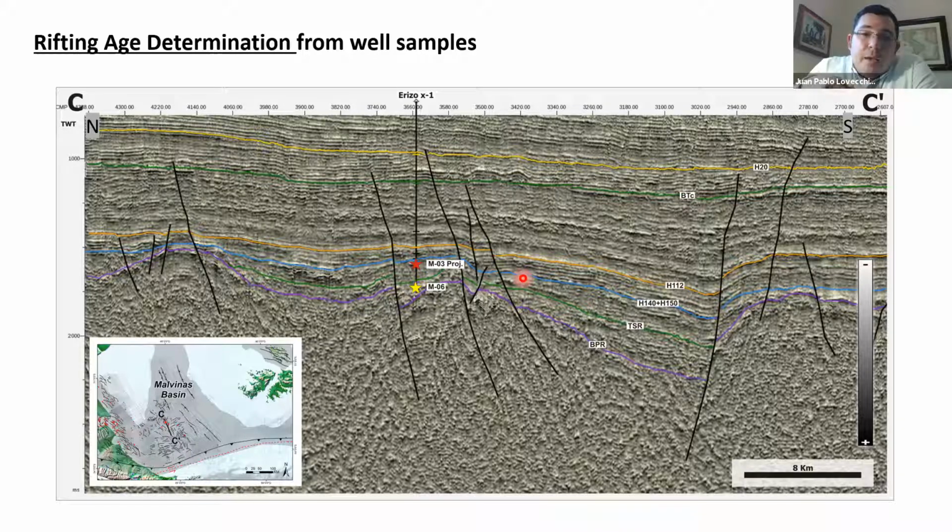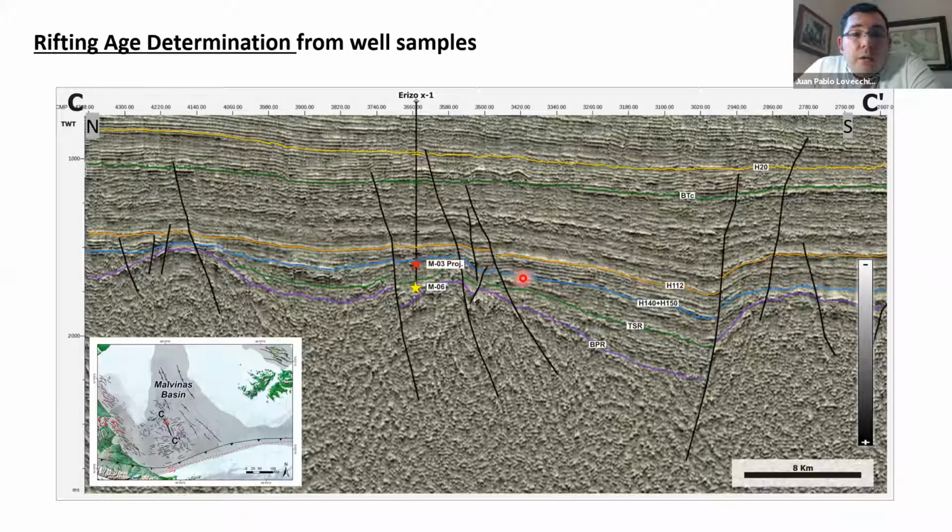And another method you can use is detrital zircons. So the detrital zircons require active or recent volcanic activity during or prior to the deposition of the source of the rocks that are preserved within the grabens, within the depocenters.